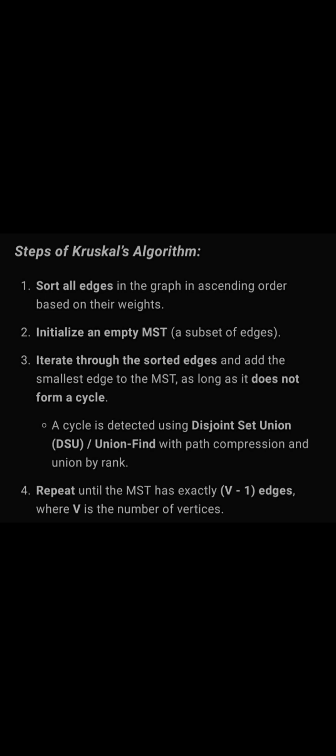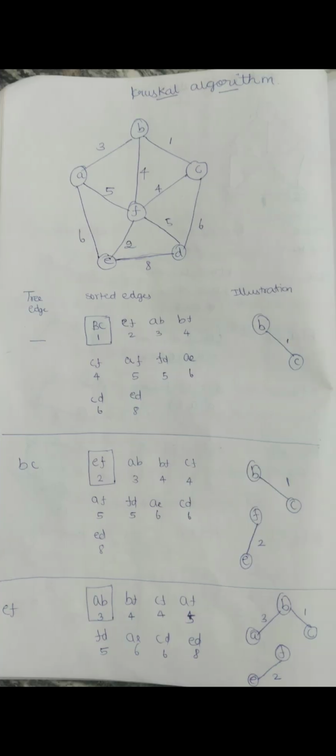Sort all edges in the graph in ascending order based on their weights. So I write the ascending order of the edges: BC, EF, AB, BF, and BC is the first. Why is this the ascending order?